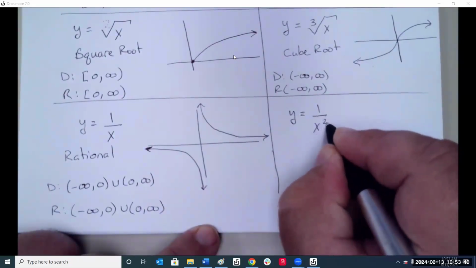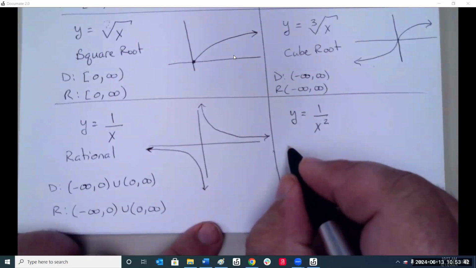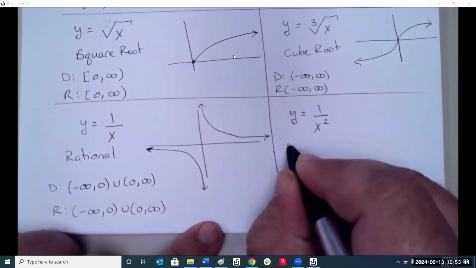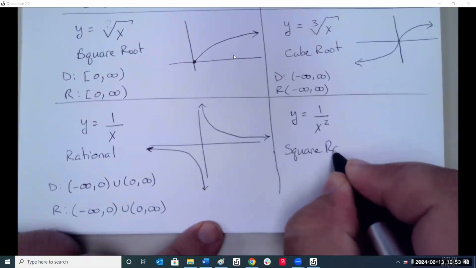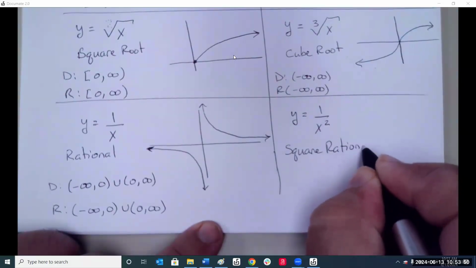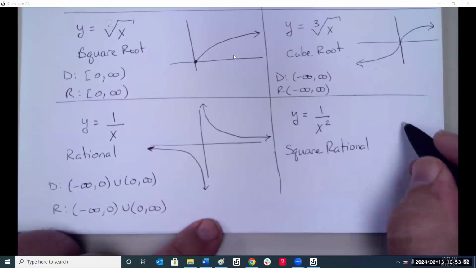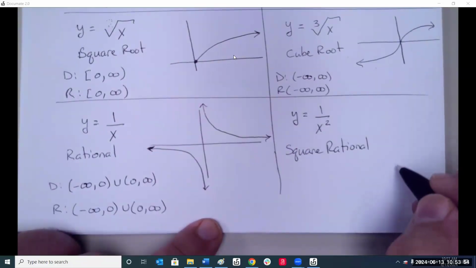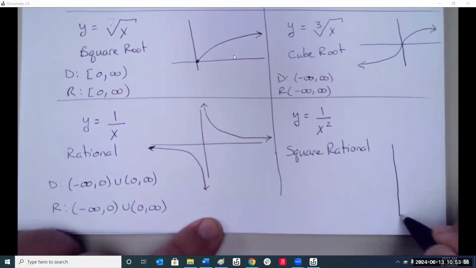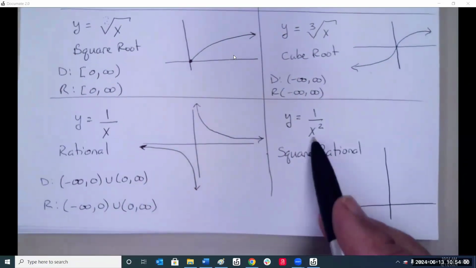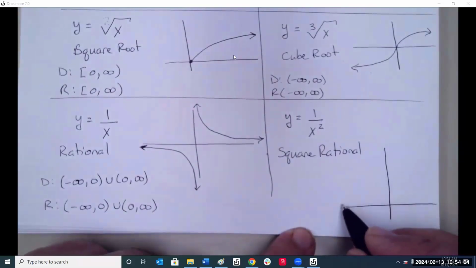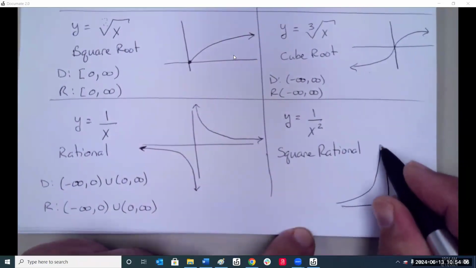What if it's squared on the bottom? A square rational. If it's squared, it can never be negative. So this thing looks like the Atari symbol.